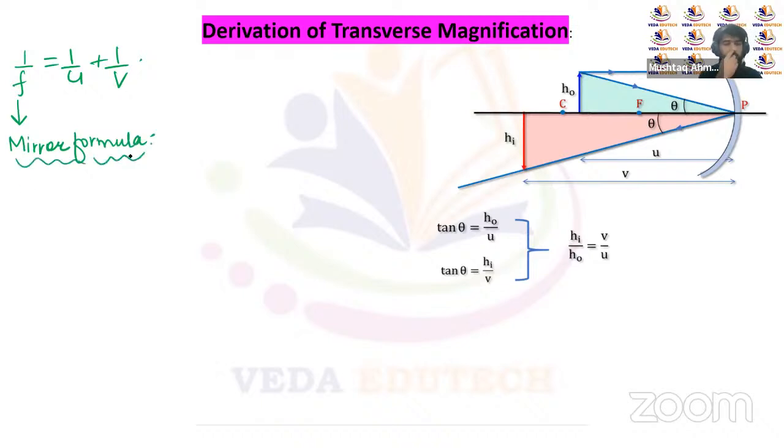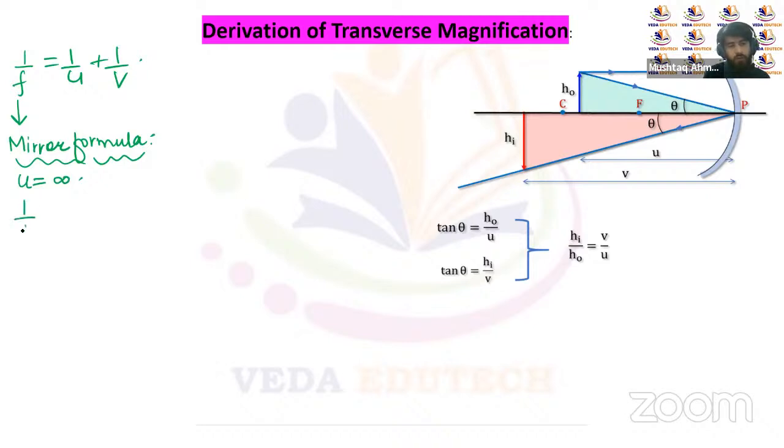So this formula can be used to calculate the nature of the image for different object positions. Now let's suppose we place an object at infinity, so U is infinity.